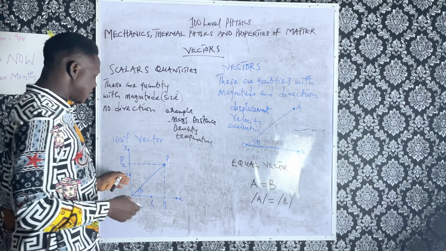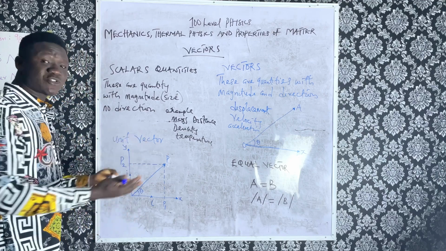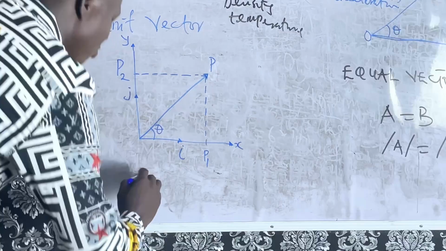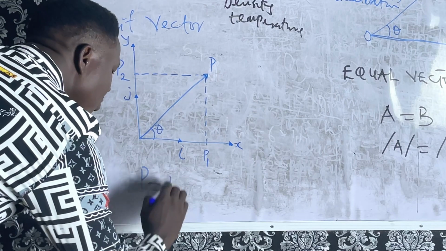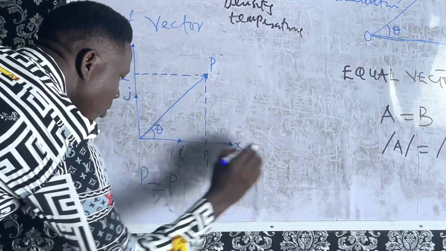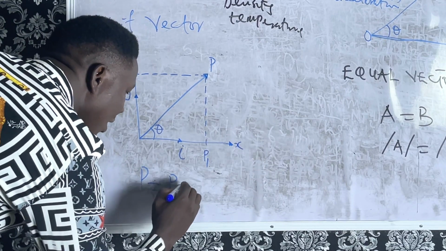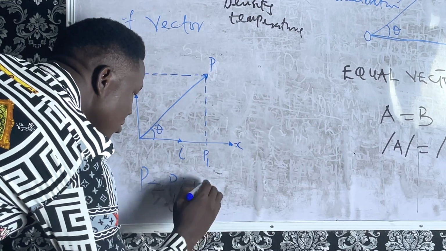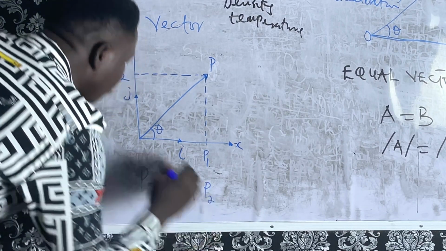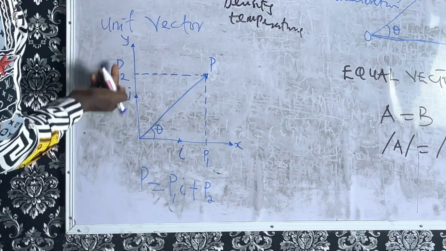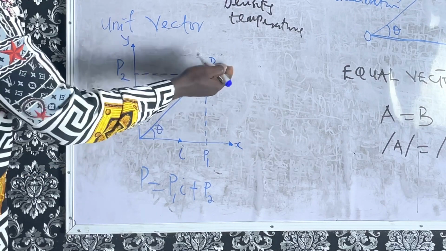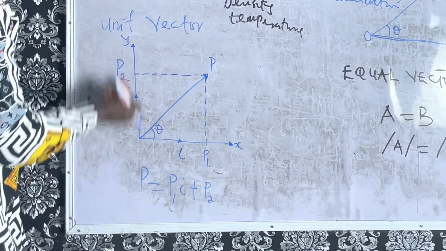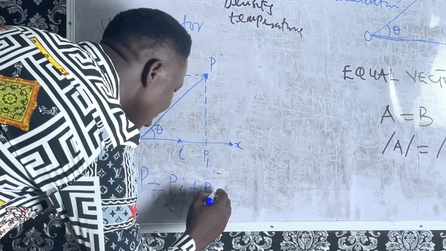So if I want to write out the total sum of P, P is equal to P1 i plus P2 j, where P2 is the component of P moving along the y-axis.